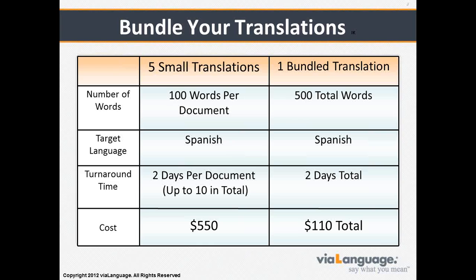In bundling your translations, say your target language is Spanish, your turnaround time is going to be 2 days per document, up to 10 documents in total, versus in a bundled translation where it's 2 days total. So the cost is going to be $110 on a bundled translation versus $550 on 5 small translations. So it's definitely a big benefit to try to bundle up your translation.